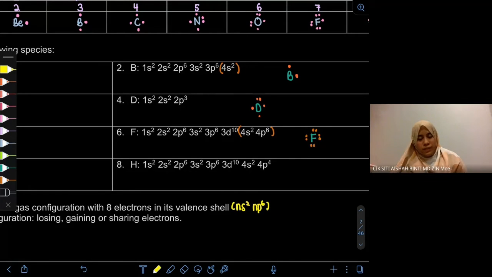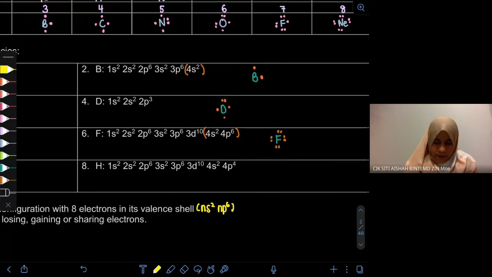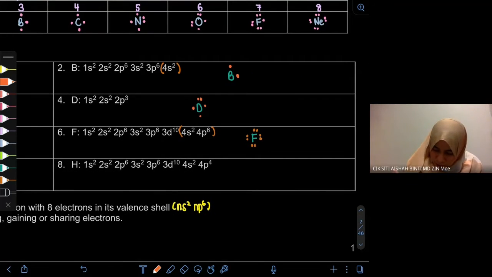Nanti sebenarnya ada lagi certain exception, tapi memang atom nak achieve noble gas configuration octet, tapi hidrogen sahaja, hidrogen akan achieve duplet. Sebab hidrogen number proton dia 1, so dia jadi 1s1. So the maximum number of electron yang dia boleh is actually 1s2. Hydrogen memang ada 1s, so kalau dia nak fully fill memang ada ini sahaja.